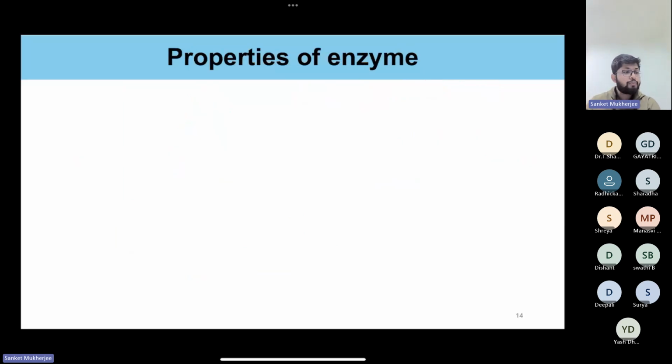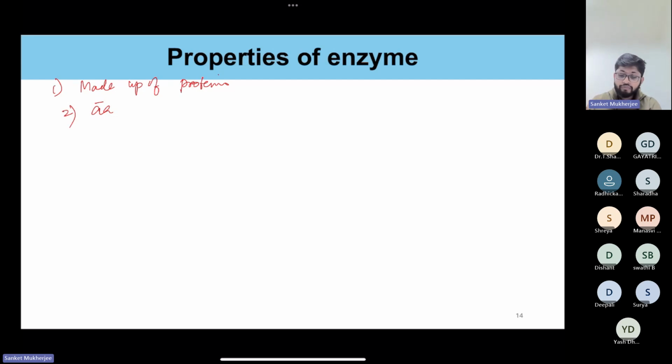Now, if we talk about the properties of enzymes, first is they are made up of protein. Second, due to the amino acids which are present in these proteins, they provide a specific environment for catalyzing reactions with different types of substrate.